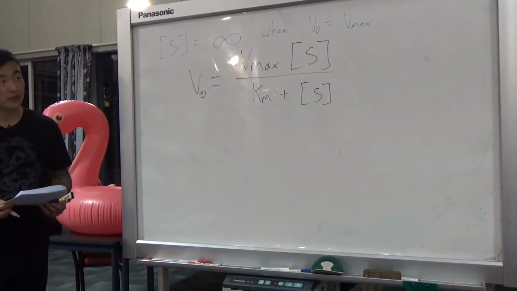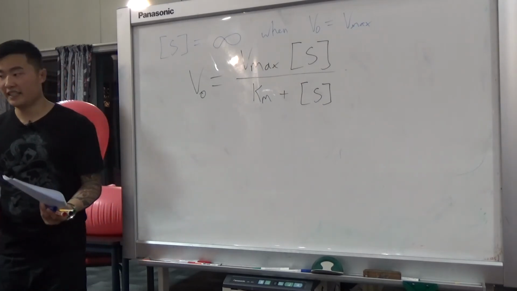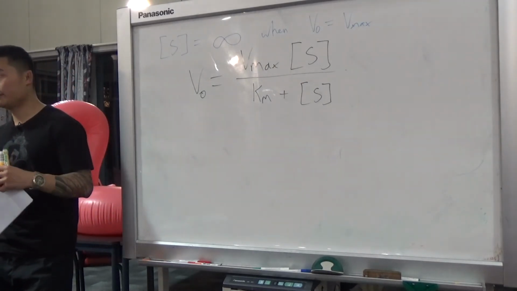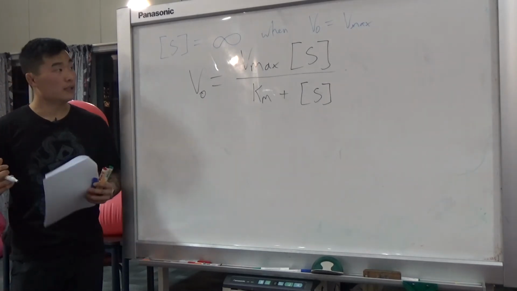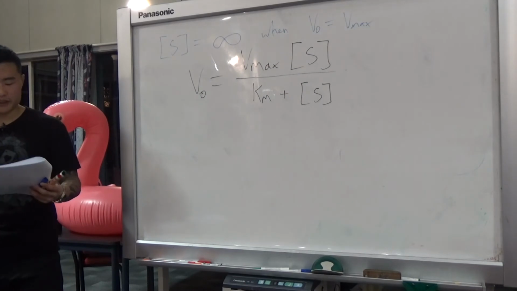Okay, so remember that Vmax is the maximum velocity you can get when you have as much substrate as possible. So you can just say that the substrate concentration is infinite, and that's going to come in useful when you encounter the next question.